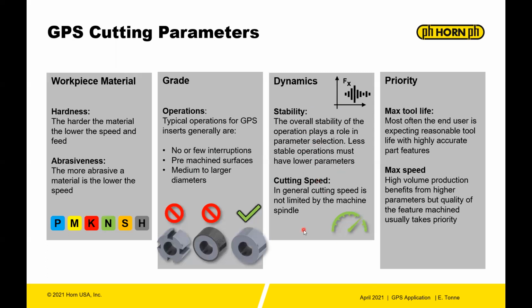Cutting speed, unlike super mini or mini systems where your cutting speed is often limited by the RPM on your machine, within the GPS program, that's not usually the case. Usually you can achieve normal speeds without running out of RPM since you're dealing in larger diameters.